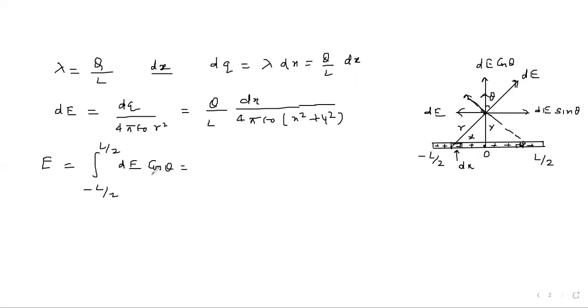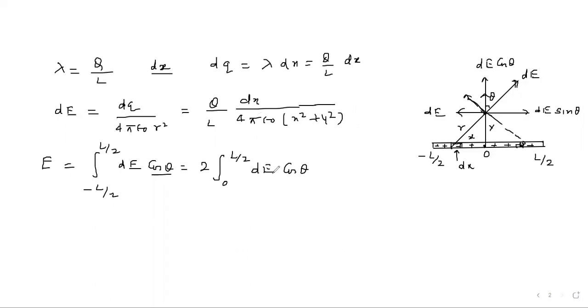So here cos theta is an even function, so we can also write this with limit 0 to L by 2, and then dE cos theta, and since dx is also to be replaced, dx here I have not written.